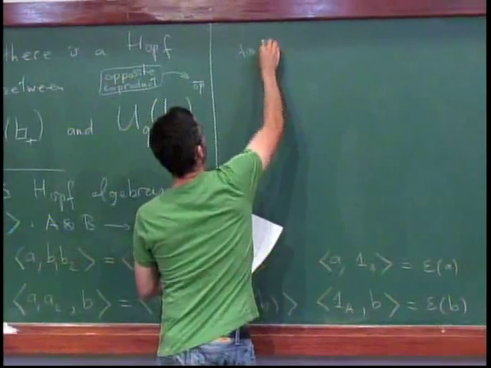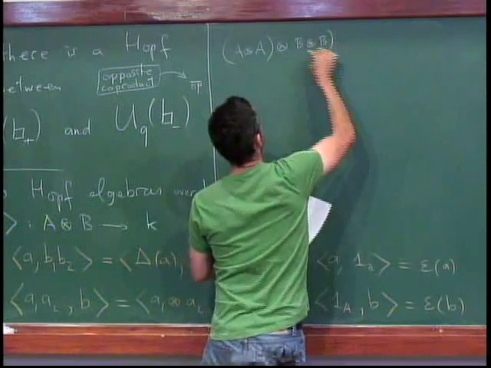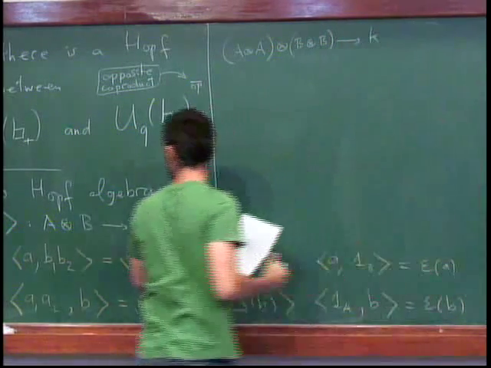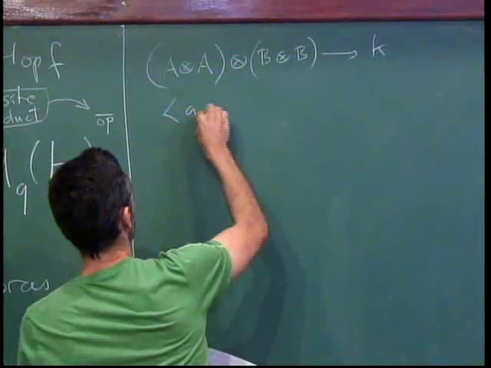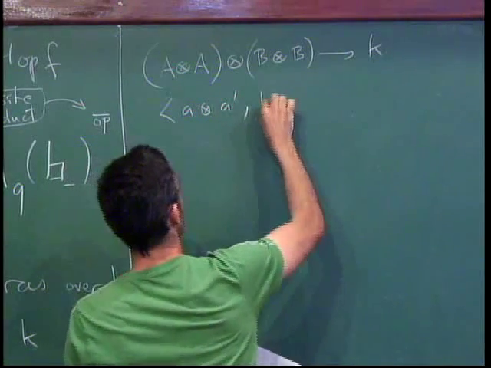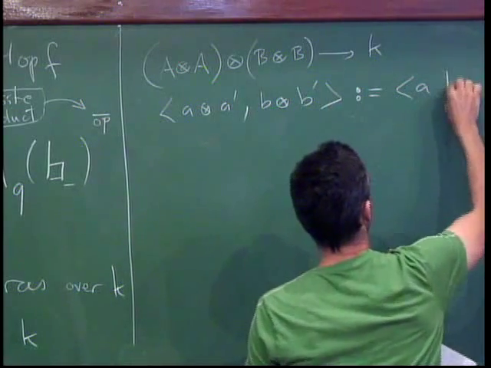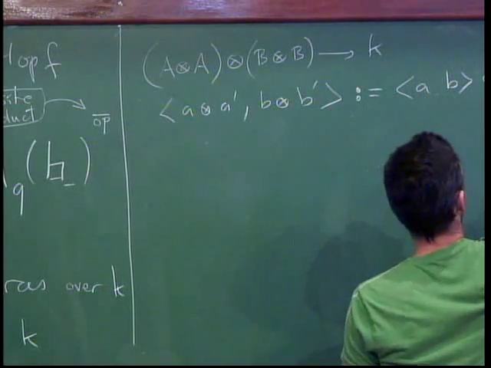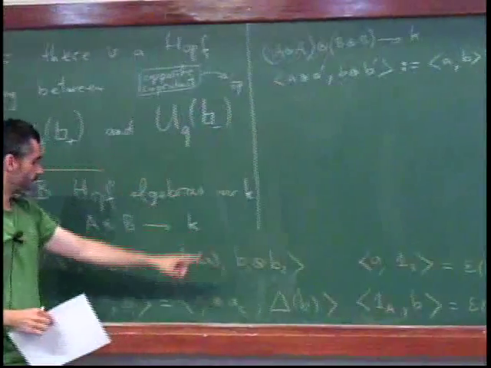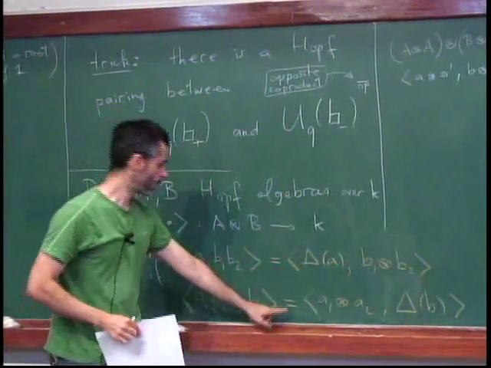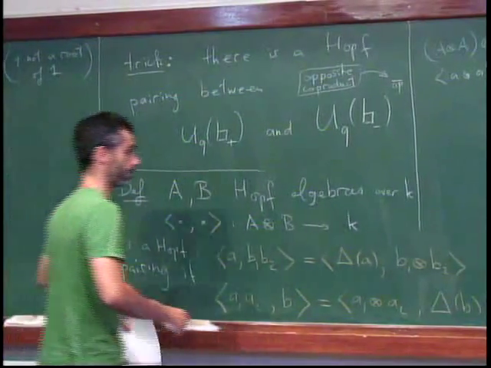So this pairing induces a pairing like that by declaring A tensor A prime, B tensor B prime to be equal to A B A prime B prime. So I use this definition to make sense of this condition. Same thing here. That's a Hopf pairing.